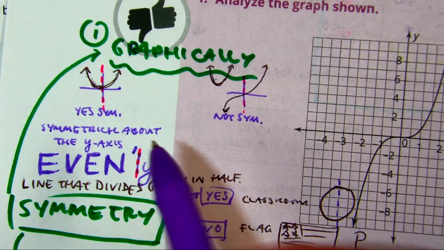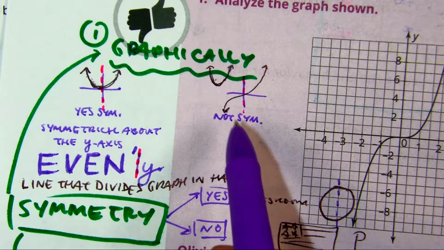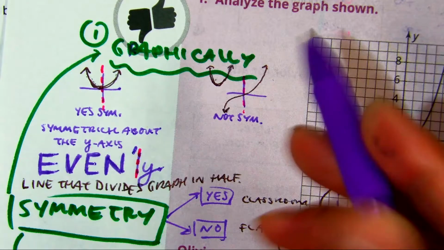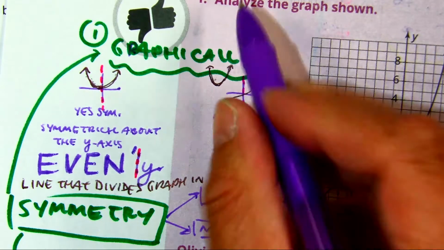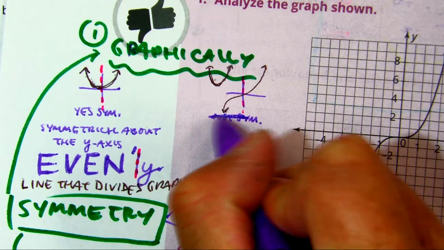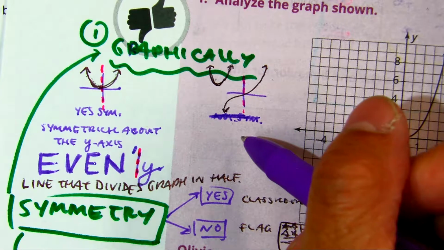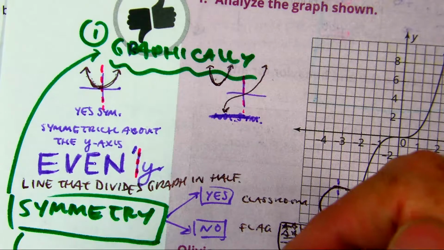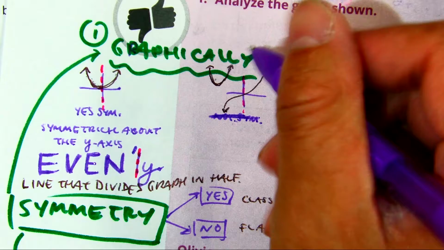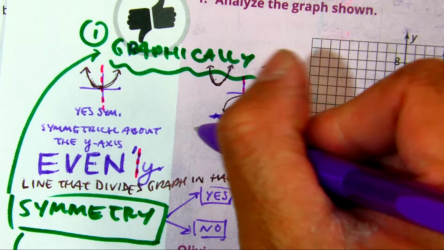Okay, this one over here we said was not symmetrical about the y-axis, but let's cross this off. This one can become symmetrical, but not about the y-axis or line. It can actually be symmetrical about a point.